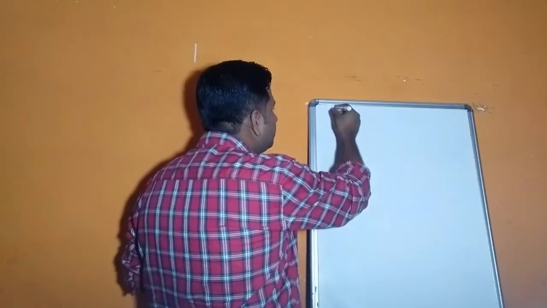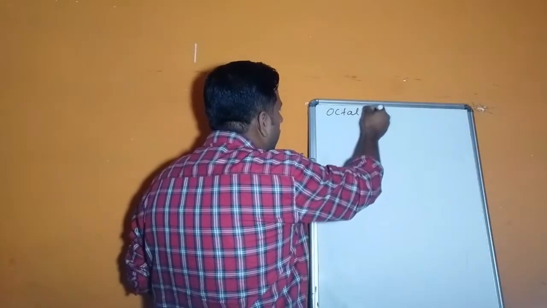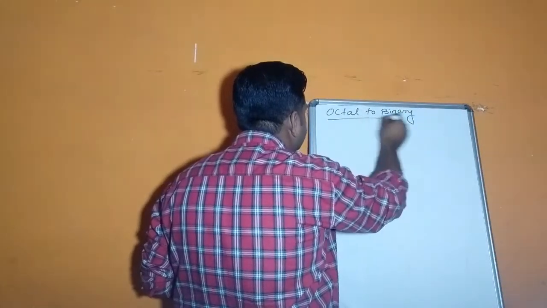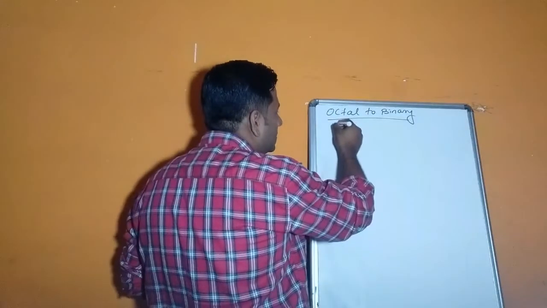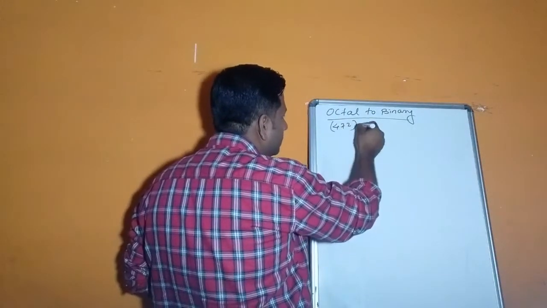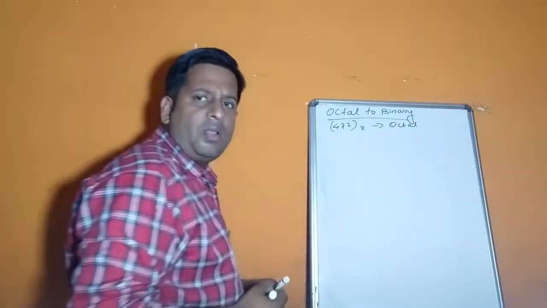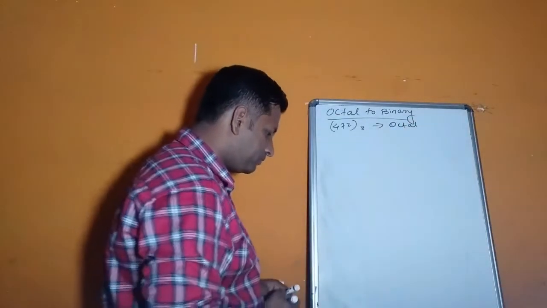Now see here next, octal to binary. Let us take one octal number, 472. This is octal. Let us convert this to binary form.